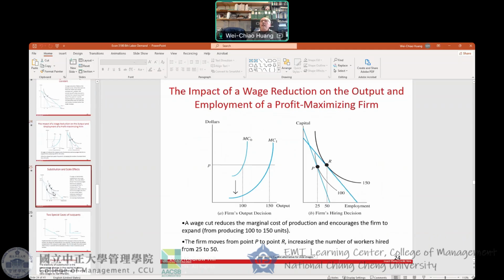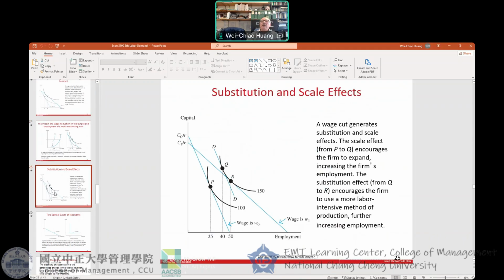Okay, and that is a detailed analysis of the substitution effect and scale effect, basically saying that from P to R involves scale effect expansion from 100 units to 150 units. That's a scale expansion. Scale effect causes the firm to use more labor, more capital.